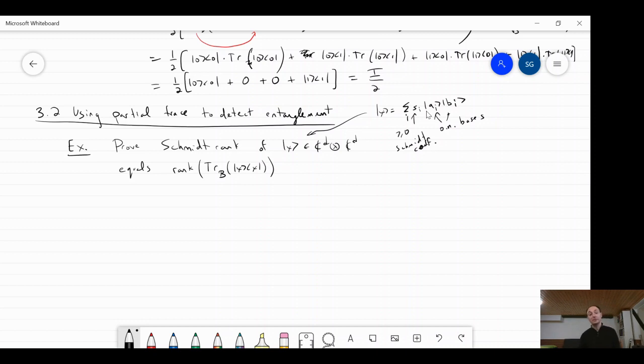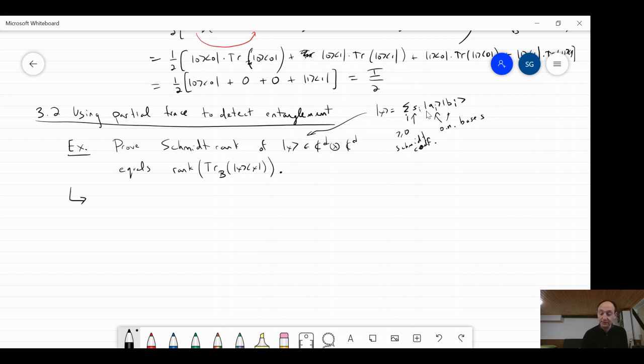If you throw out either of the subsystems, it doesn't really matter, it turns out. Show me that that equals the Schmidt rank of psi. Okay, I'll leave this as an exercise.